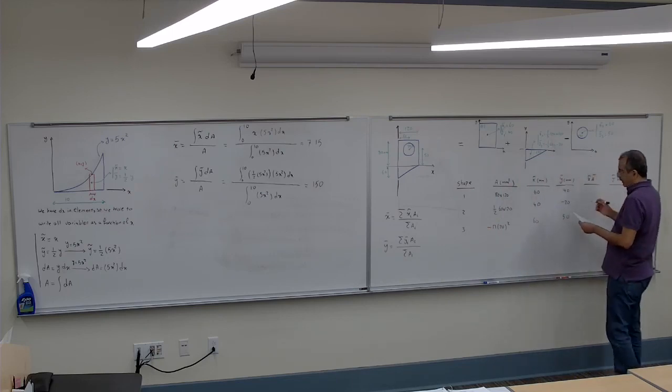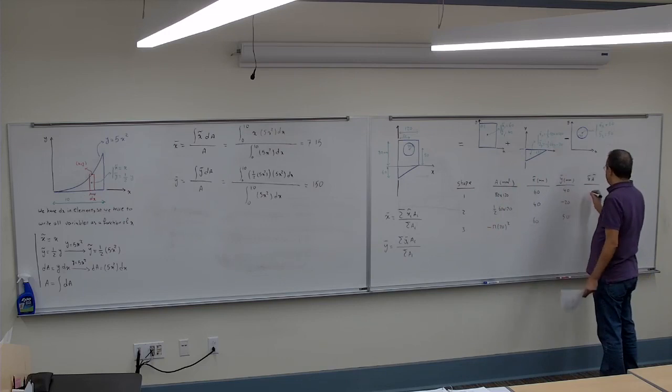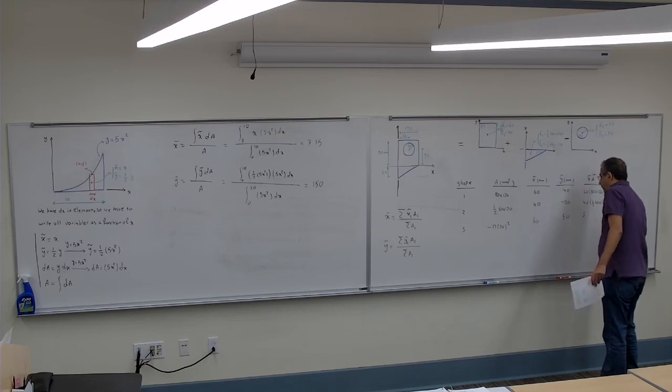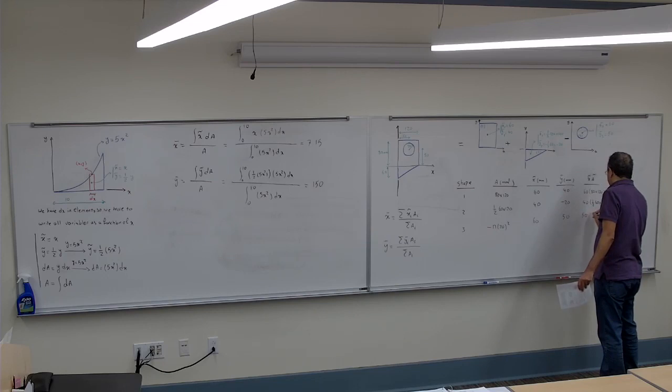And then for the area I'm gonna have, so this is 60 times 80 times 120, and here I have 40 times half of 60 times 120, and then I have 50 times negative pi 20 squared.